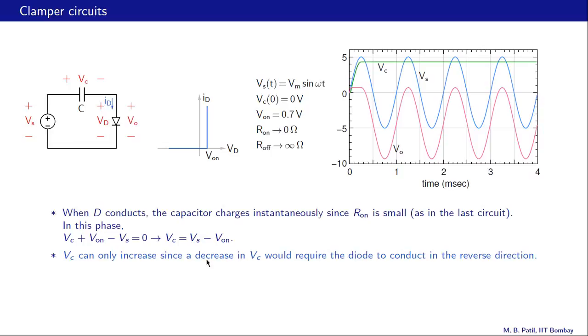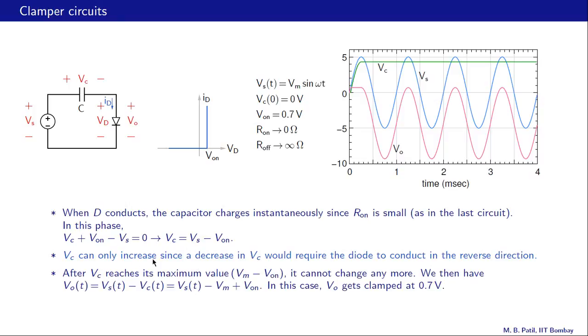Second point, Vc can only increase because a decrease would call for the diode to conduct in the reverse direction, which is not possible.